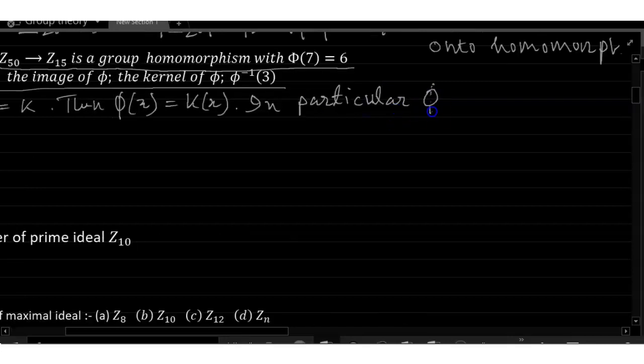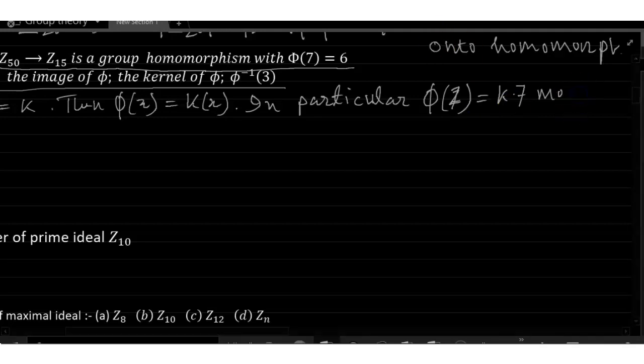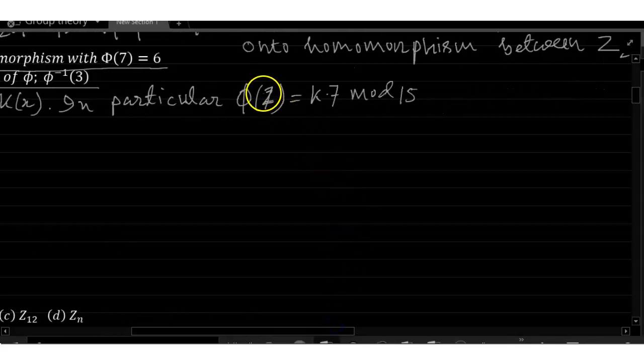In particular phi(7) equals 7k mod 15, which equals 6.